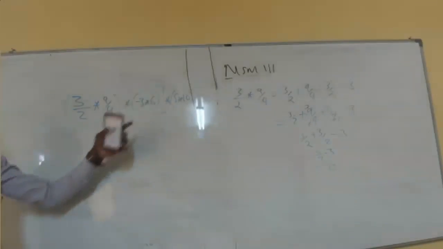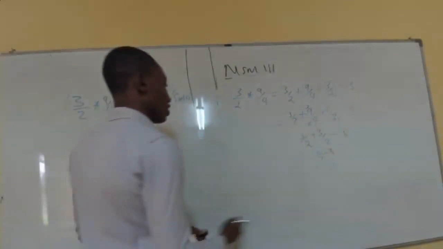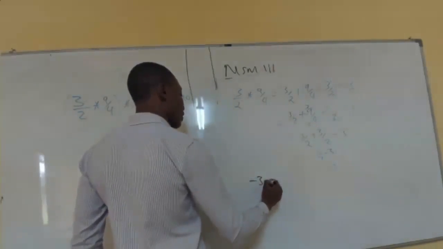Let's now find negative 3 star 6, right? So to find negative 3 star 6, is going to be the same principle.